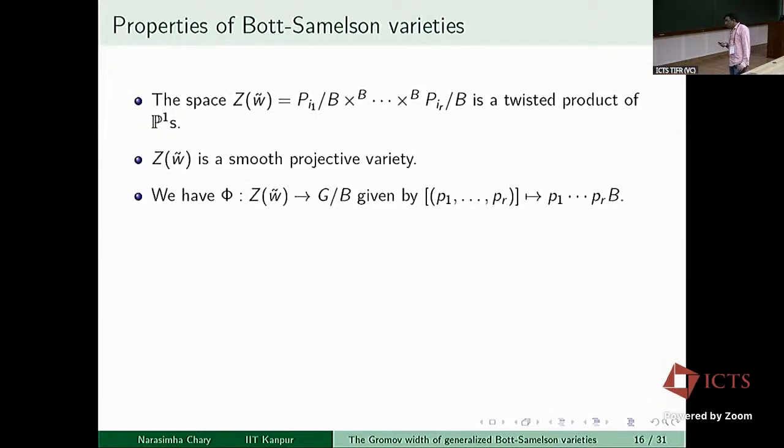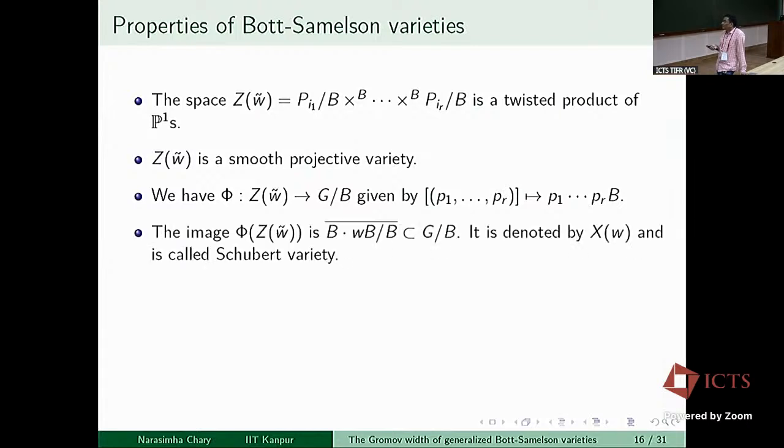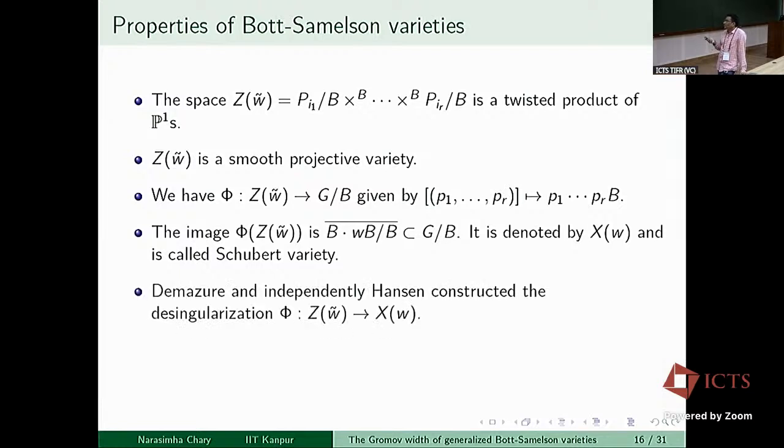So this is a smooth projective variety, and actually these Bott-Samelson varieties are much more related to Schubert varieties, because Schubert varieties are in general not smooth. So then Demazure constructed desingularizations of these Schubert varieties very nicely using the combinatorics of your Weyl group element, and Demazure and Hansen both independently constructed these.